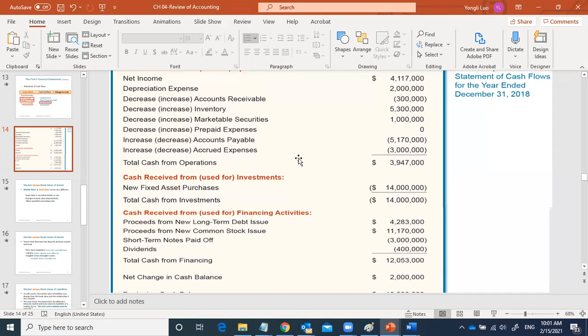So you can see here you have cash from operation, then cash from investment, and then cash from financing. The three major categories, and you sum them up. That's your statement of cash flow.